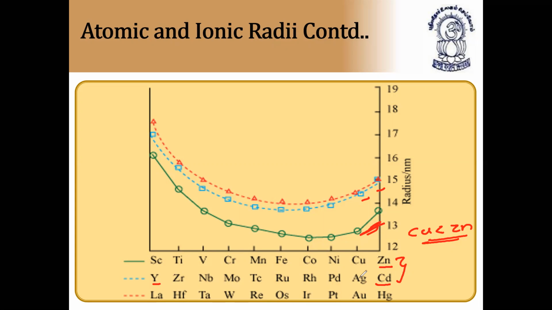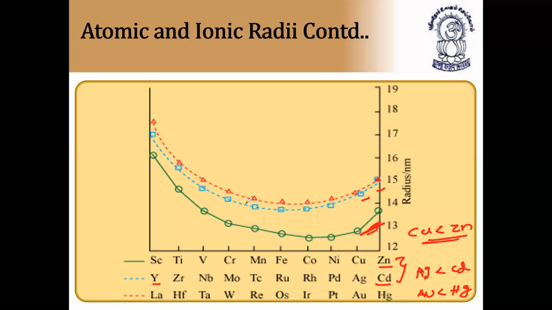The predecessor element is silver. Silver has less atomic radius than cadmium in the second series. Similarly, for gold and mercury also, you can see here. Gold has less atomic radius than mercury.